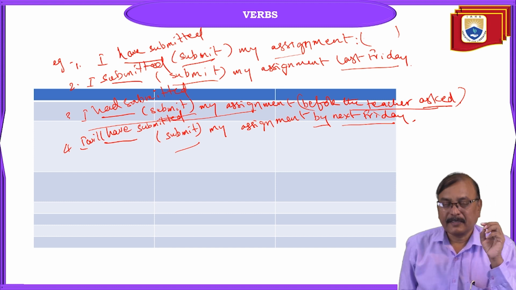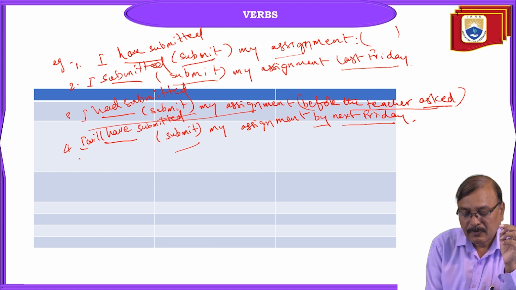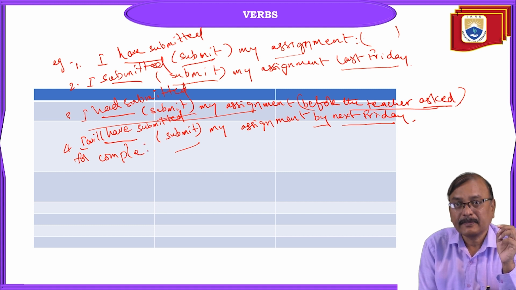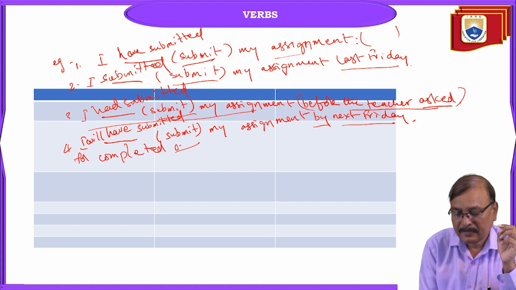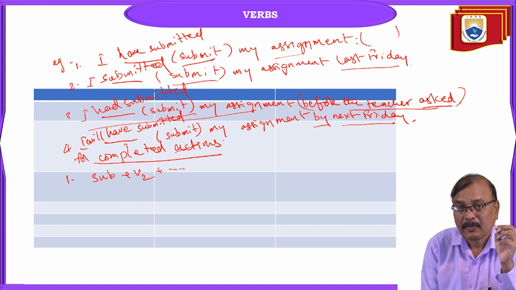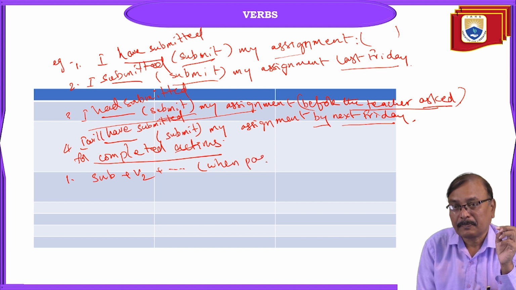See the difference here. So for completed actions, I am writing here completed actions. Here 1: subject plus V2 form when past time is known.